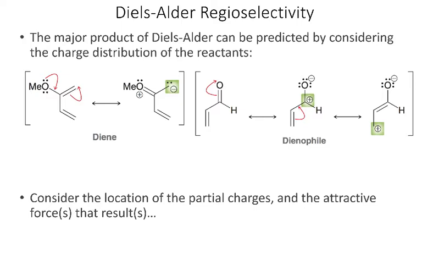We know that negative charges are attracted to positive charges. So in order to match up the partial positive on the dienophile with the partial negative on the diene, we're going to want to flip the dienophile around. And so we're going to want the electron withdrawing group pointing down relative to the methoxy group on the diene.